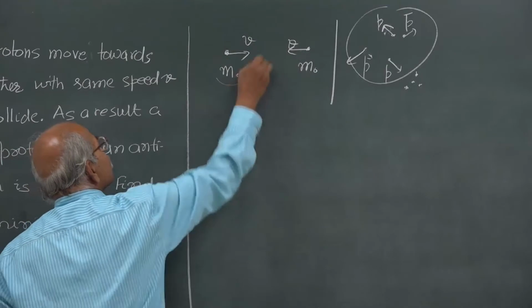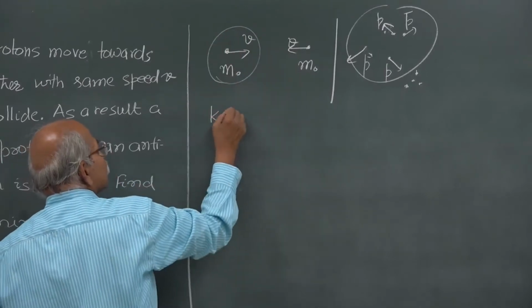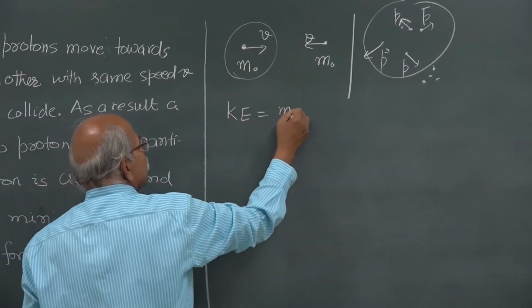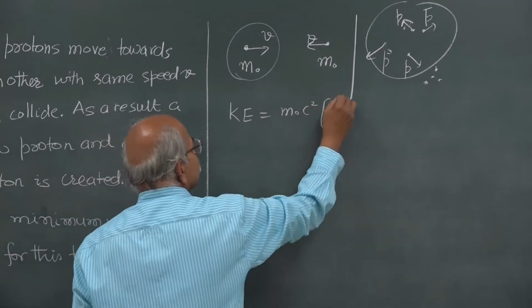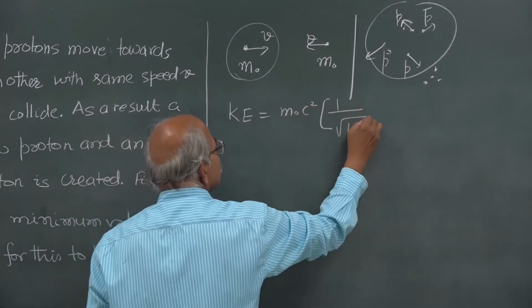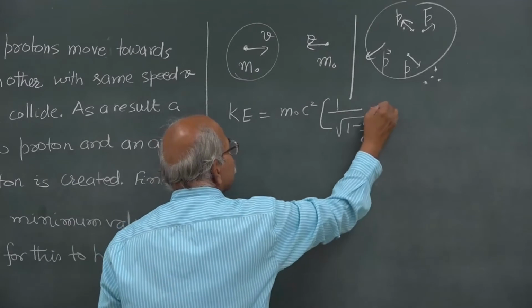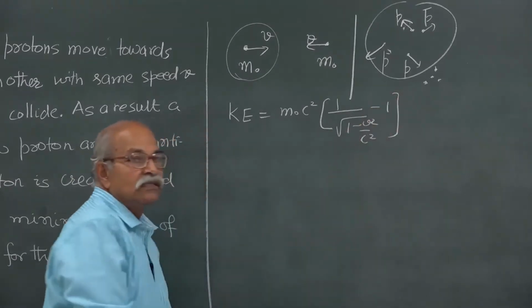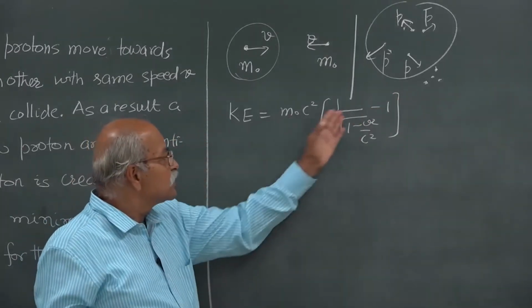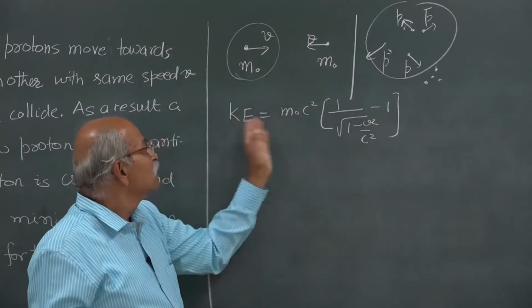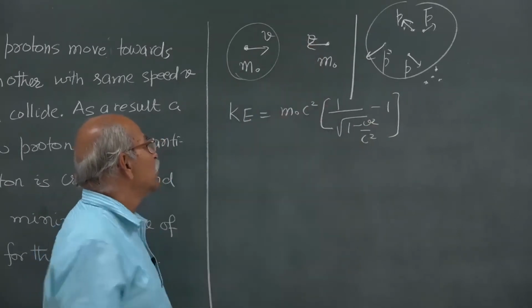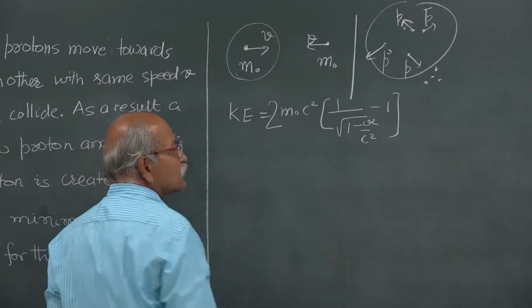So, this should be 0, and then for that case, how much is the kinetic energy here for this particle? Let us say for this particle the kinetic energy is m naught c square times 1 by square root 1 minus v square by c square, minus 1. You remember this was the expression for kinetic energy, and similarly for the other particle, and therefore the total kinetic energy is this.